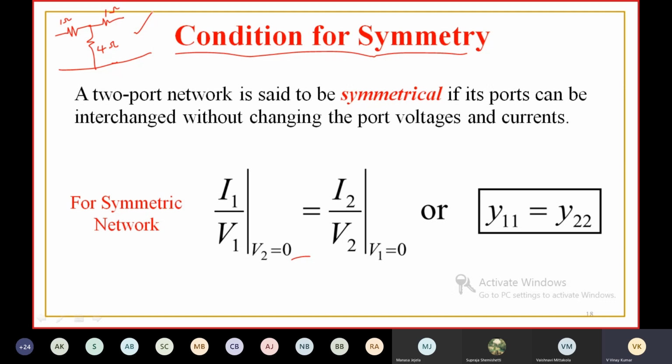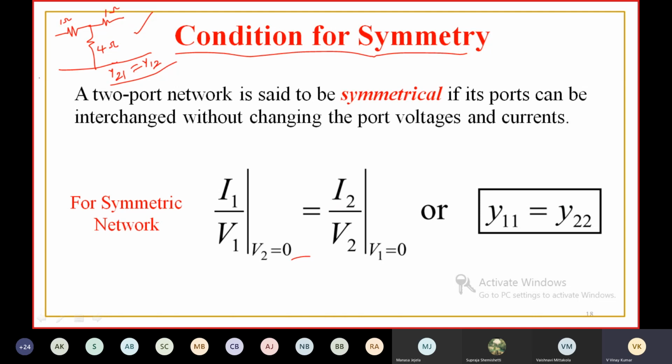This network is said to be symmetrical. This network is reciprocal as well as symmetrical. You find y21 and y12 both will be equal in this case. For this network, both are equal, meaning this network is reciprocal.